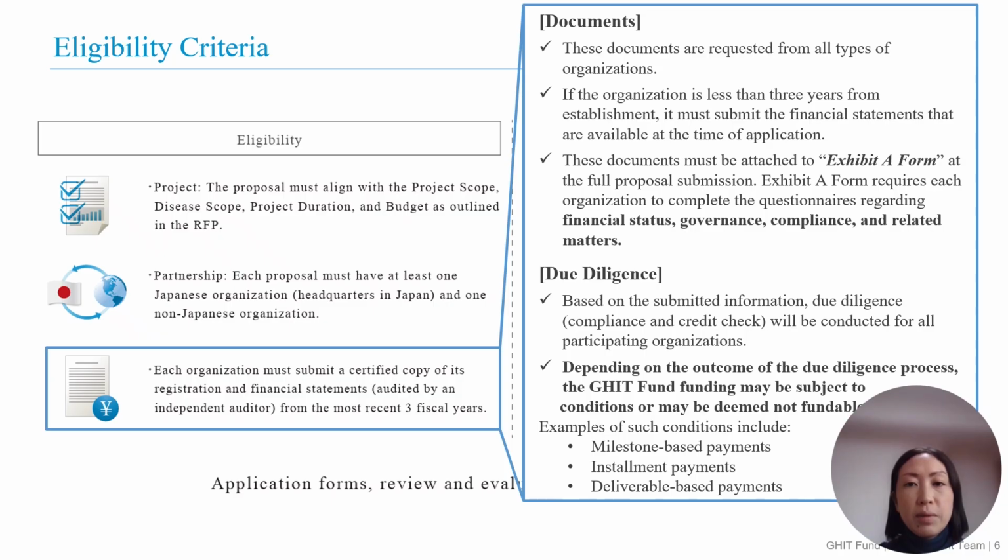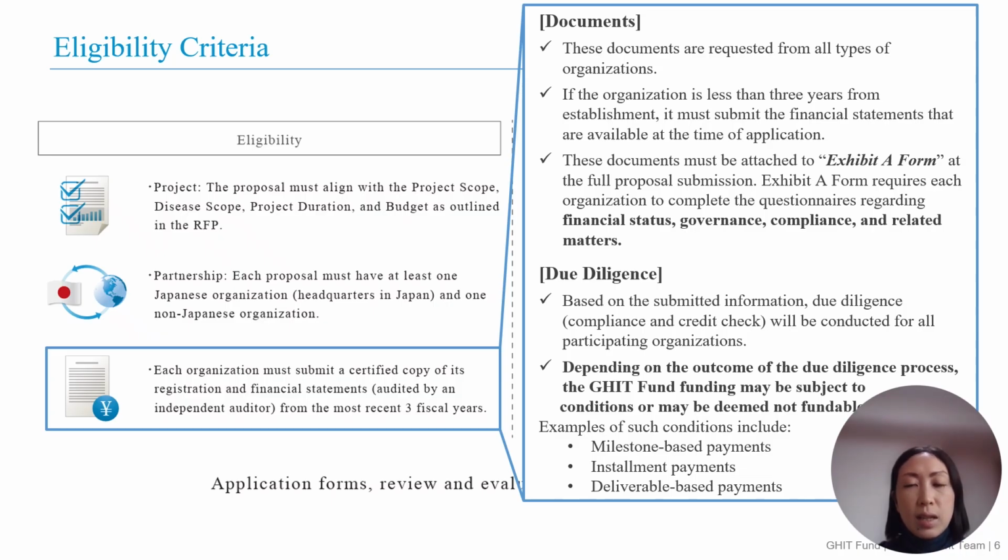For a certified copy of registration, we mean a document which can prove the existence of your organization, such as Tokibo Tohon for Japanese organizations, or a certificate or an official document issued by an authorizing body. In principle, it is required to submit audited financial statements. If your organization is newly established and does not yet have 3 years of financial records, please submit whatever is available at the time of application.